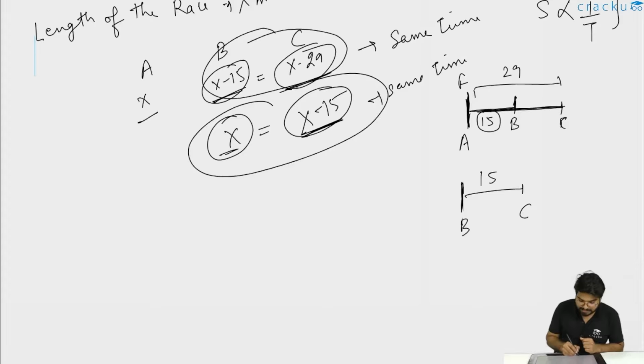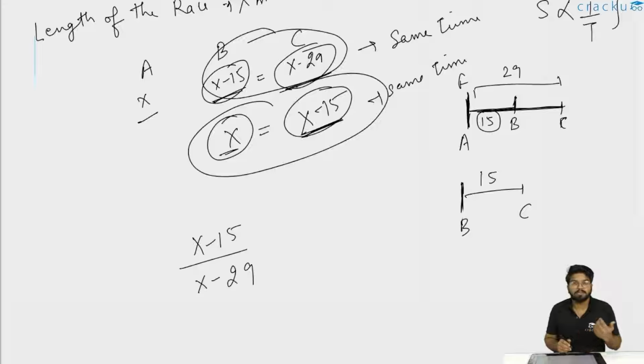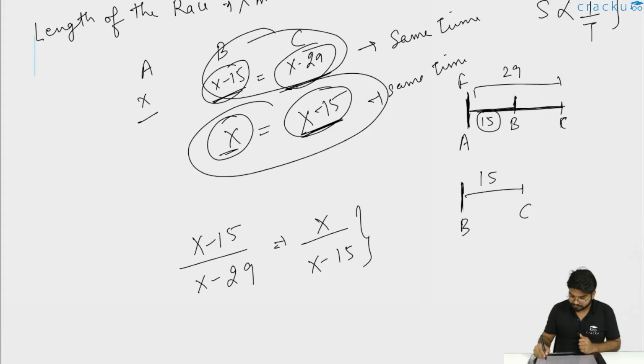So we can say that x minus 15 divided by x minus 29 is the ratio of their speeds in the first case. This ratio has to be equal to, in the second case also, x divided by x minus 15, because ultimately this is again the ratio of their speeds. With this, by cross multiplying, we can find the value of x.